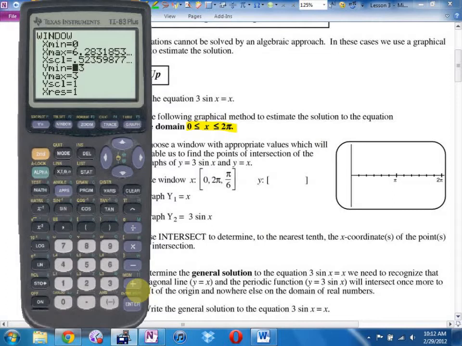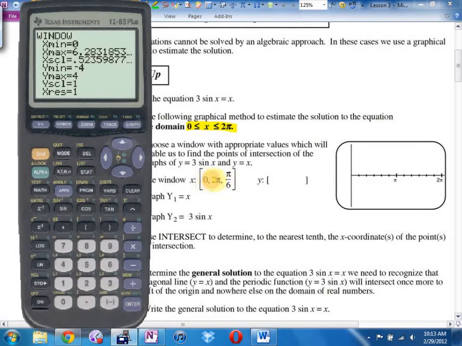My y's, I have to think about a little bit. What's the amplitude of this graph? 3? You know what? Then I'm going to go from -4 to +4, because this graph is going to go 3 up, 3 down, 3 up, 3 down. And if parts of my graph vanish off the screen, I might need to quickly redo my window after hitting graph. Before you hit graph, here's how you write the window instructions.